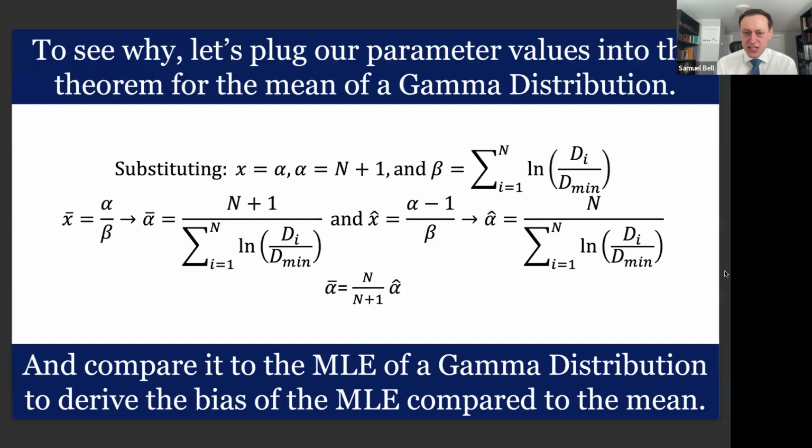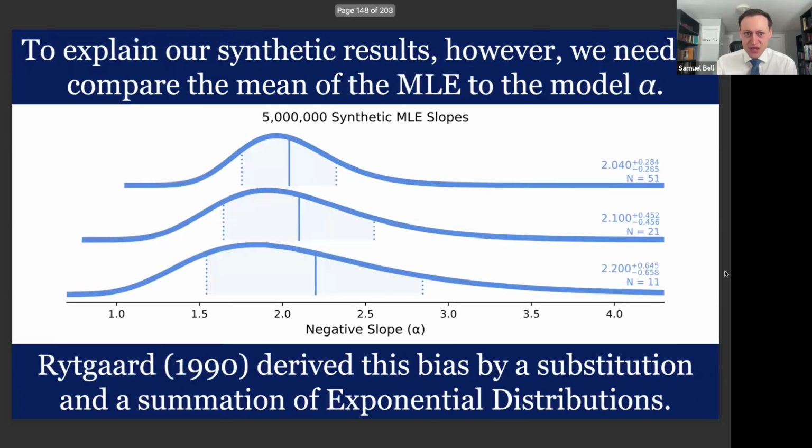To see why, let's plug our parameter values into the theorem for the mean of a gamma distribution and compare it to the MLE of a gamma distribution to derive the bias of the MLE compared to the mean. There you go. But to explain our synthetic results, however, we need to compare the mean of the MLE to the model alpha.